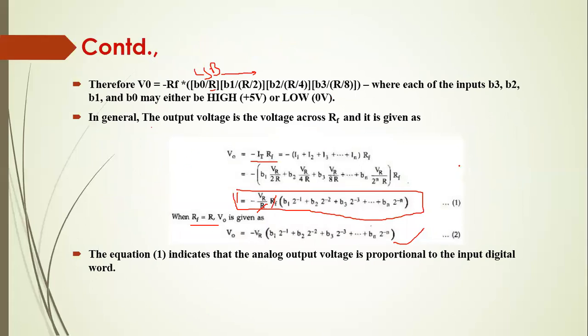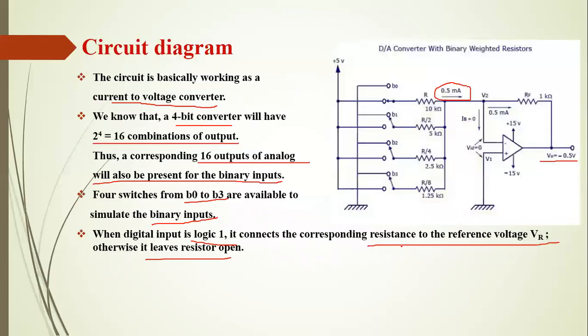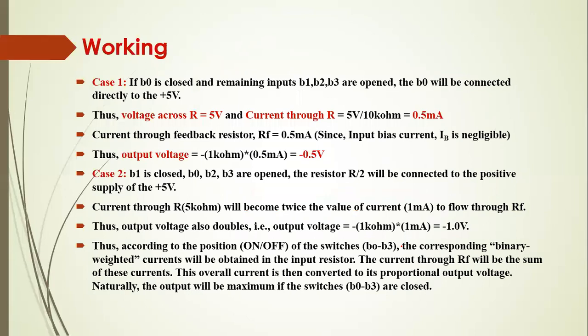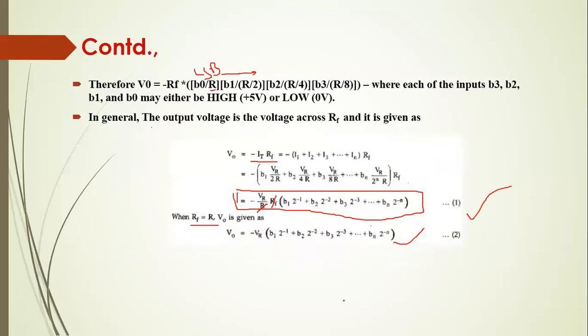So this you have to write very clearly. From this they can take the marks. For the circuit diagram, they will be taking some marks, and for the operation some marks will be divided. Since it is specifically mentioned to derive the output equation, they will consider this calculation part as an important thing.